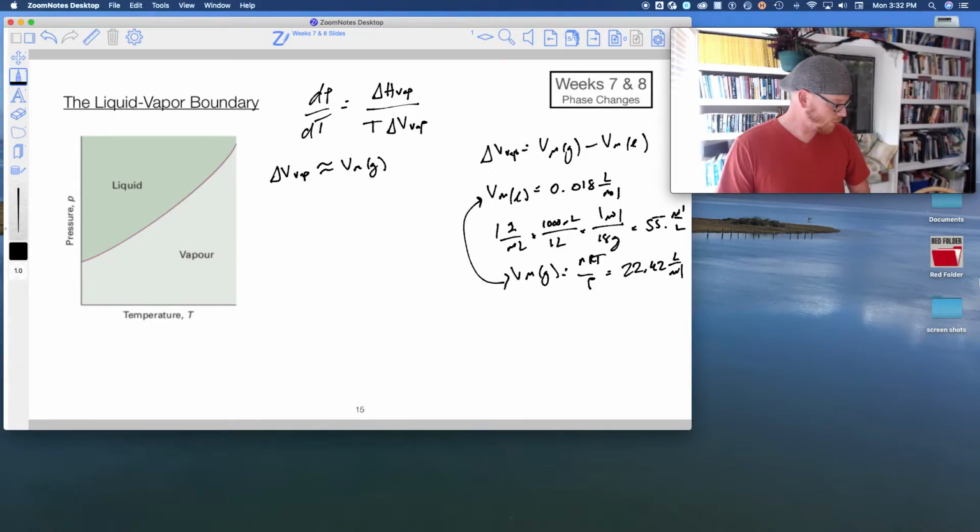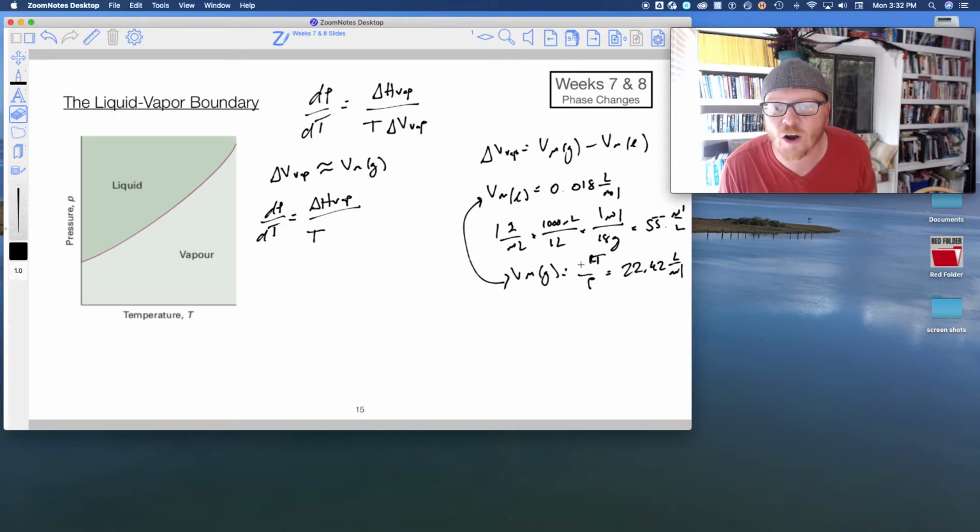So what this means now is the following. Because we're going to change our pressure quite a bit, we can't just put a constant value in for the molar volume of a gas. So our equation changes. It becomes dP over dT equals delta H of vaporization divided by T, and I'm using here the molar volume.